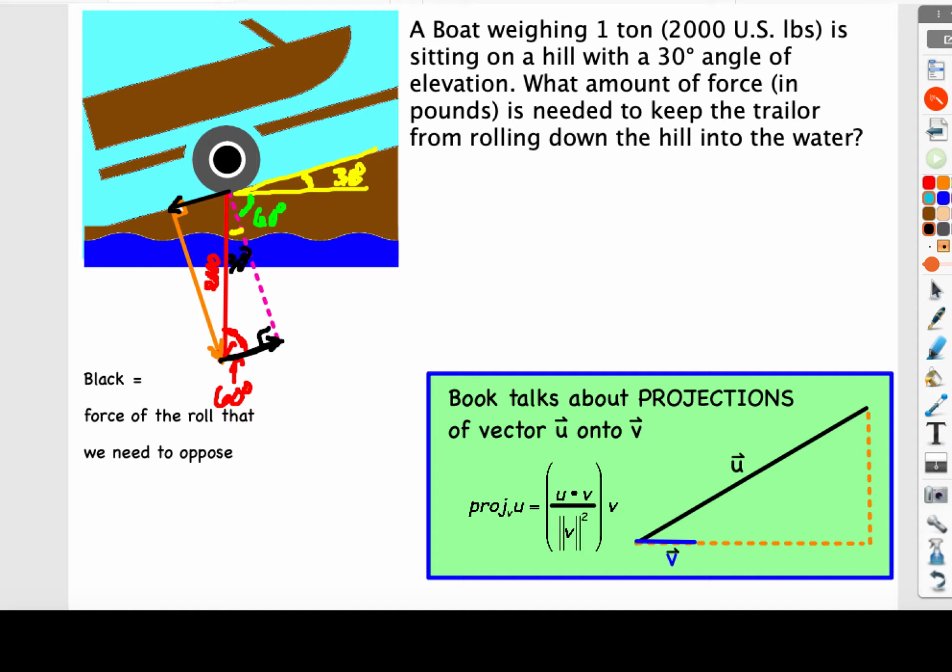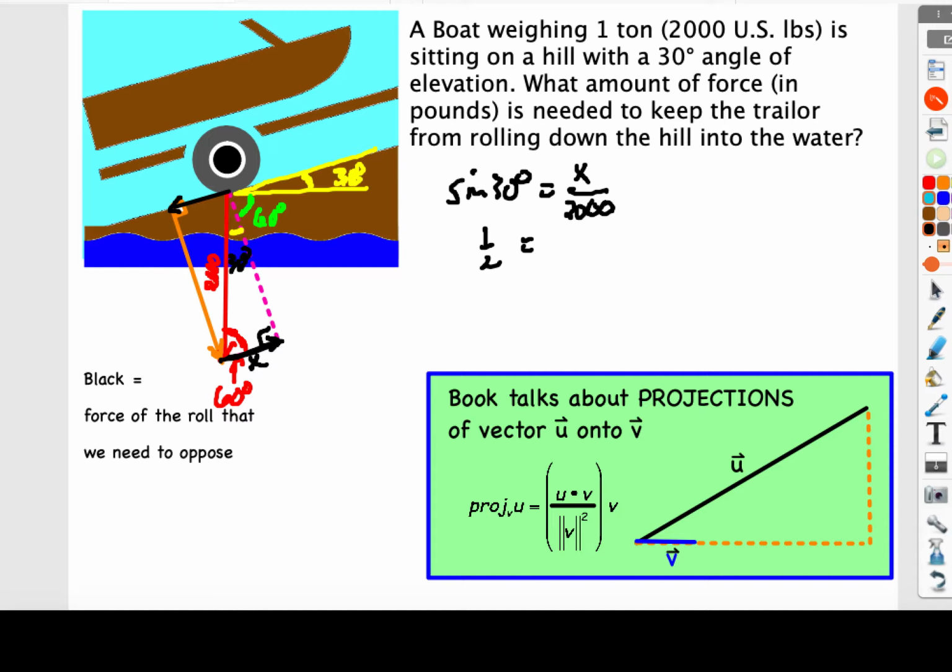the opposite. So we can say that the sine of 30 degrees, and I like that because remember, that's just a half, is equal to the opposite, our black line there, we'll just call it x, divided by 2,000.